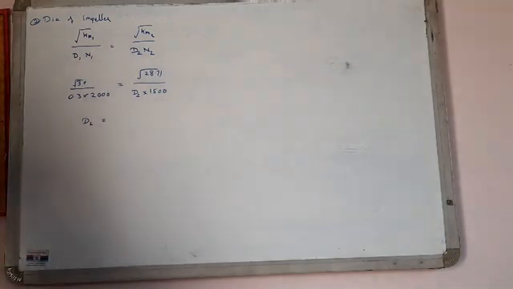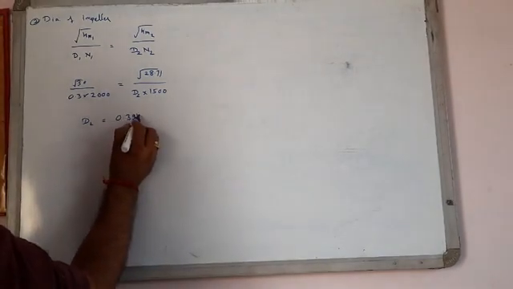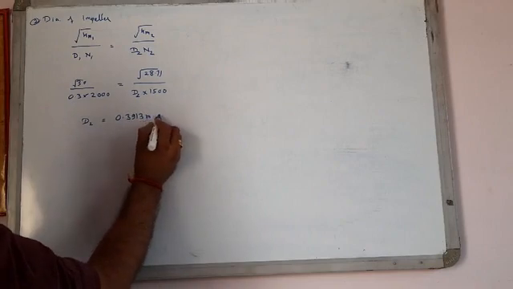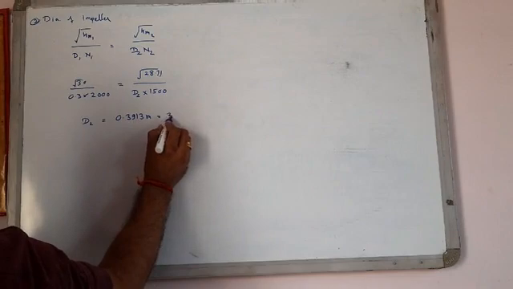So the value of D2 is calculated as 0.3913 meter, or that is 391.3 mm.